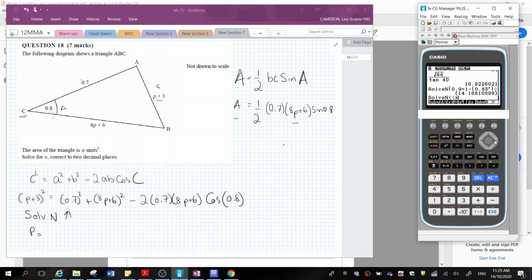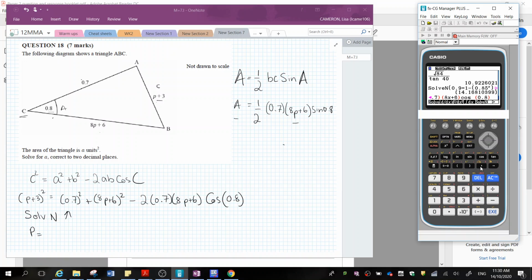Bracket x plus 3 close bracket squared equals bracket 0.7 squared plus 8x plus 6 close bracket squared minus 2 times 0.7 close bracket 8x plus 6 bracket cos 0.8.